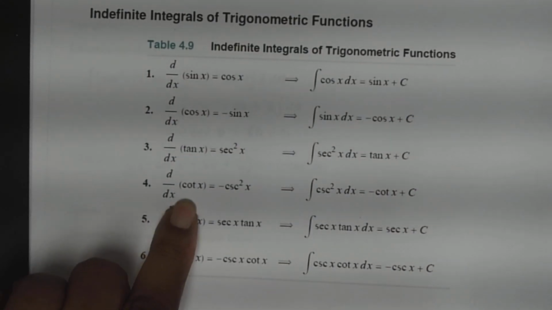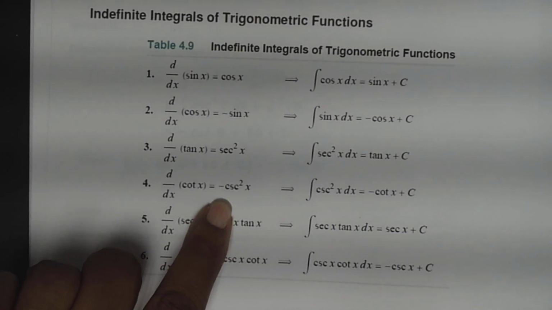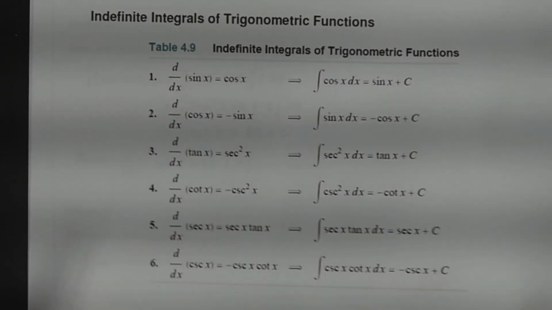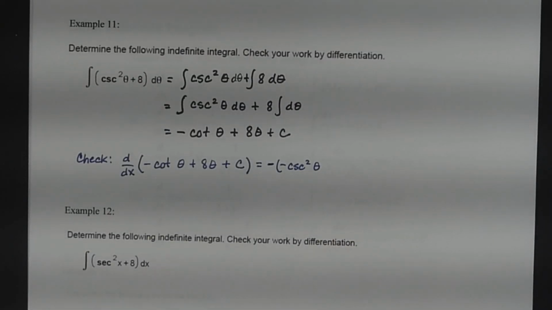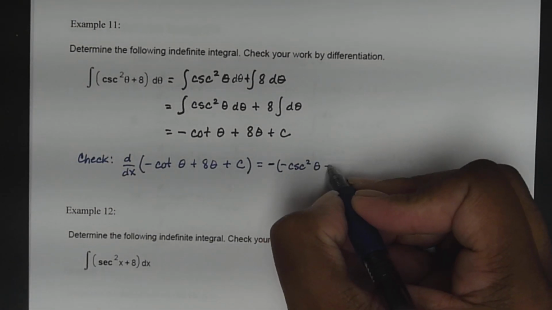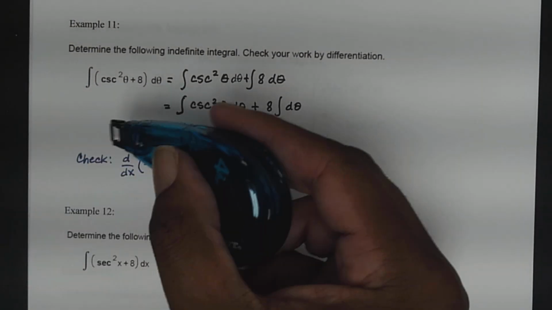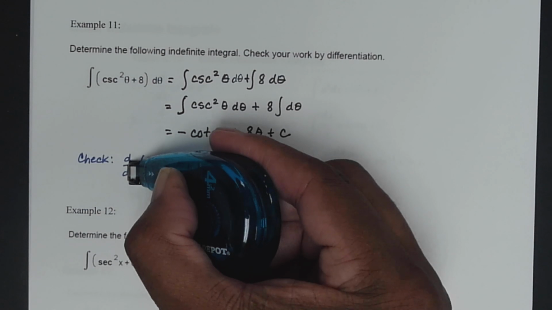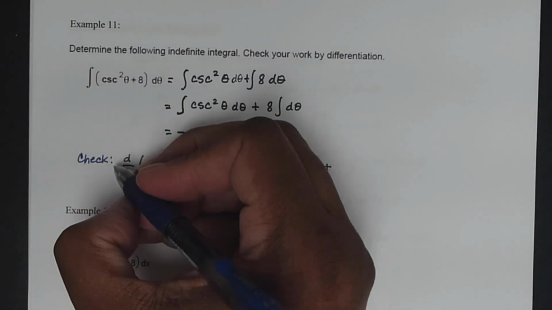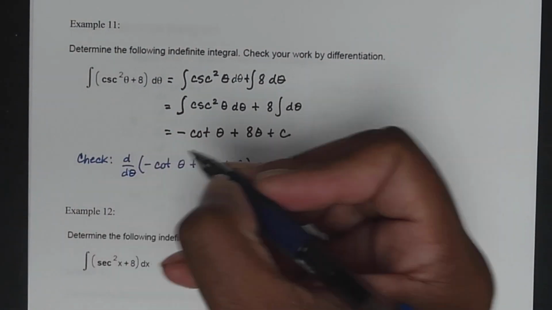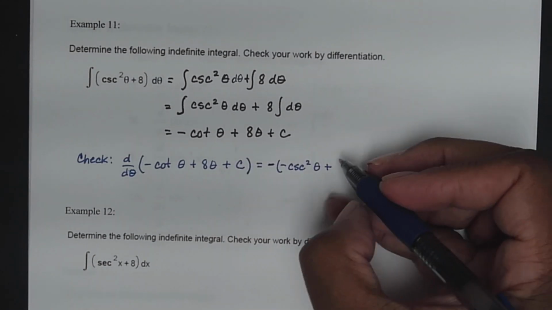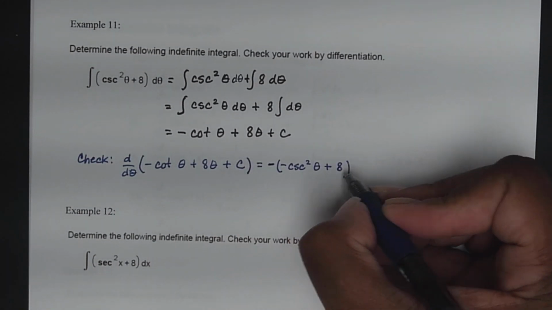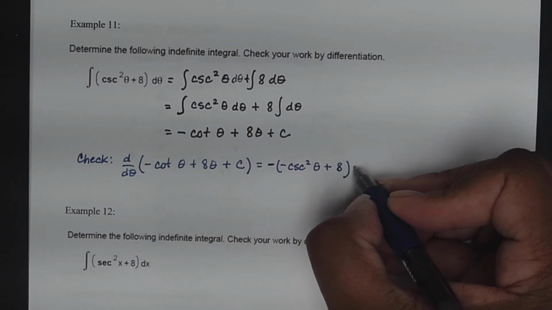Derivative of the cotangent of theta is negative cosecant squared of that angle. Plus the derivative of 8 theta, with respect to theta I should say, because this is in terms of theta, would be 8, and the derivative of a constant is 0.